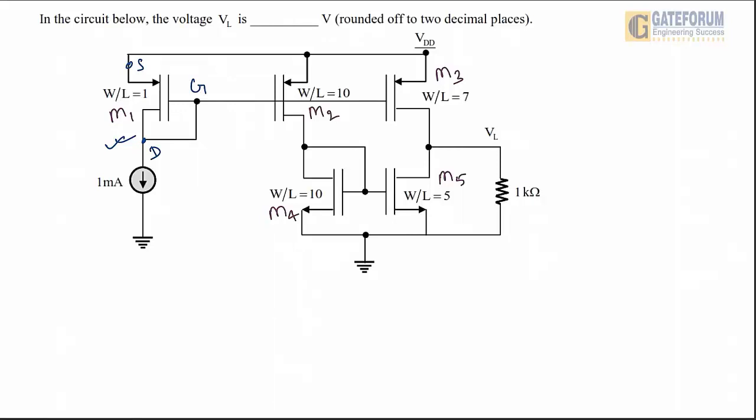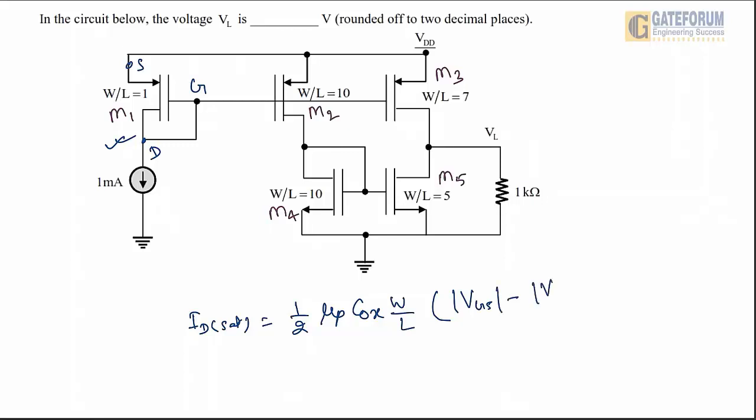The expression for the saturation region is ID sat is equal to 1 by 2 mu P, this being the P type channel, into COX W by L into the magnitude of VGS minus the magnitude of VT, whole square.